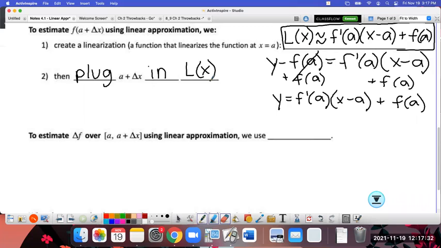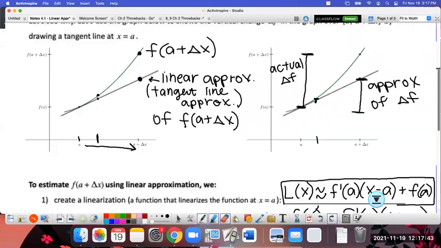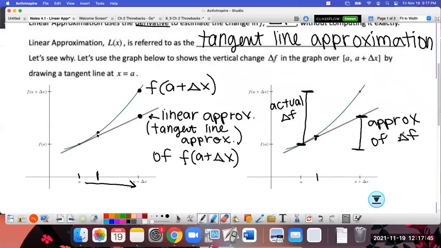All right, and then the next thing that we use this linearization for, or linear approximation for, is to estimate the change in those outputs. Let's go back up. Remember right here, I said that this is the approximation for our change in y values. I'm going to show the change in x values really quick.